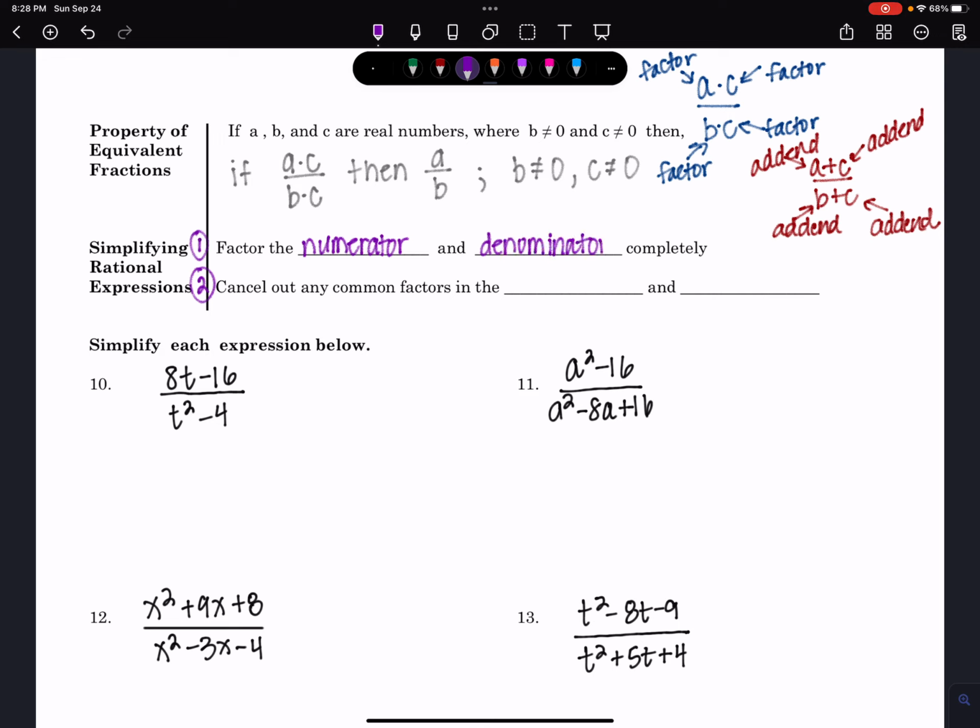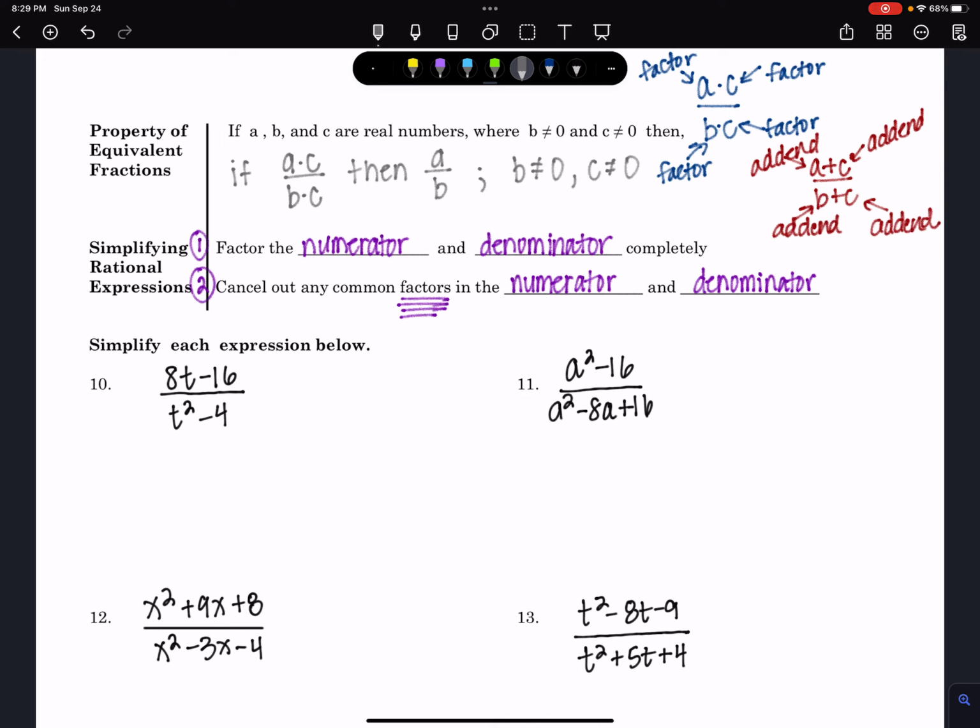Then we will cancel out any common factors in the numerator and denominator. So any factor that is shared by both the numerator and the denominator will be able to cancel out. And I'll show you on this first example.